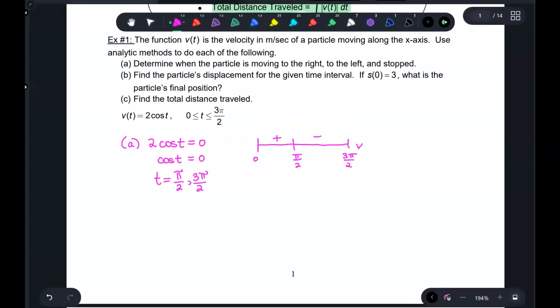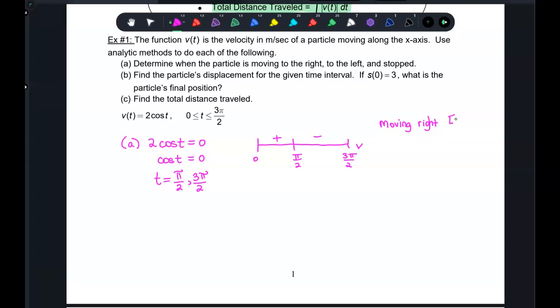Okay, so we're going to say it's moving right. We could either use interval notation. Are we okay just using intervals? Yeah. Okay, so technically it's starting off at 0. So I'm going to use bracket 0 to pi over 2, and then parentheses.